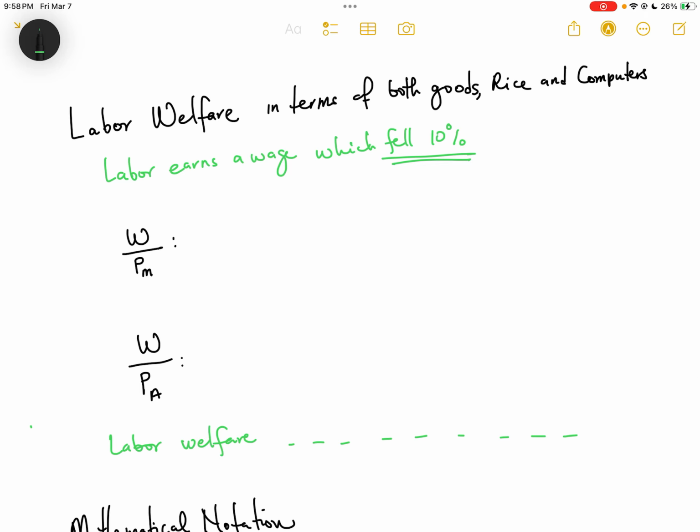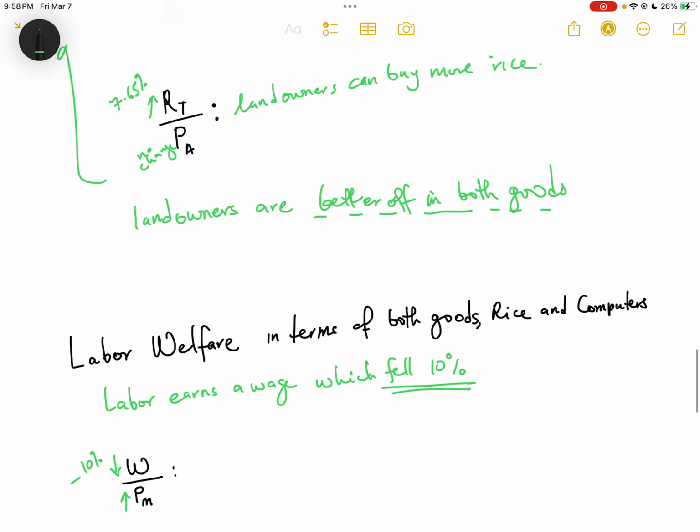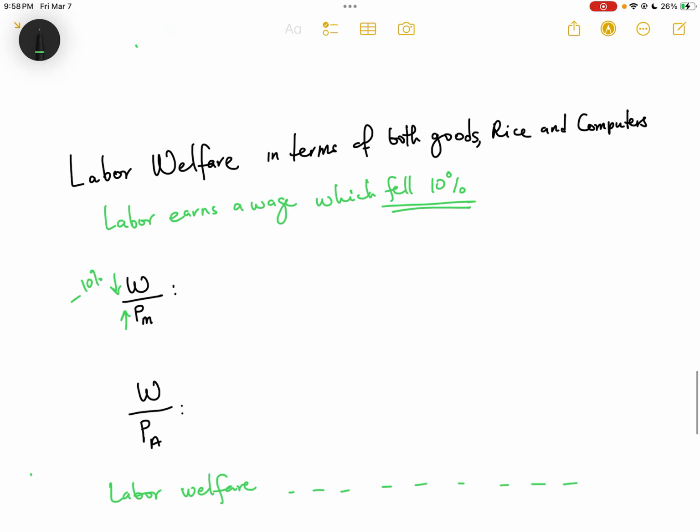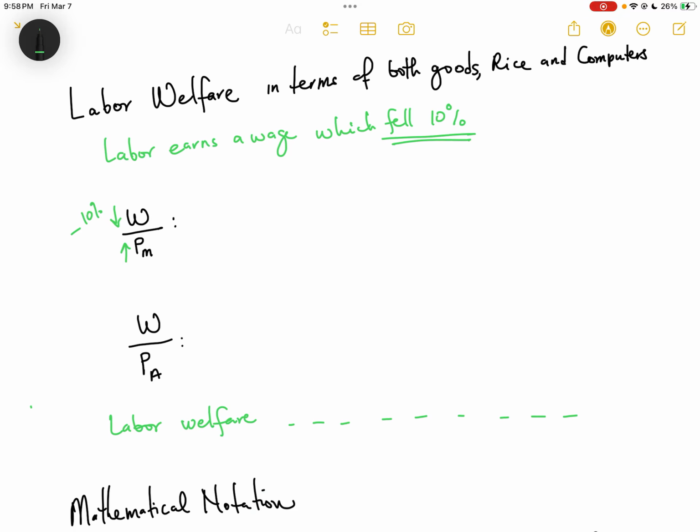What about labor welfare? We know that from question 2G, we were told that wages fell by 10%. The price of computers, let's go back up to figure that out.